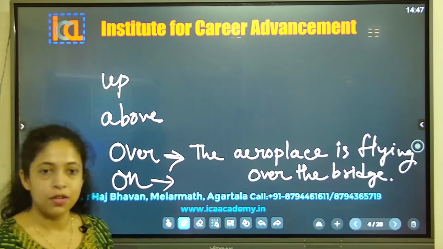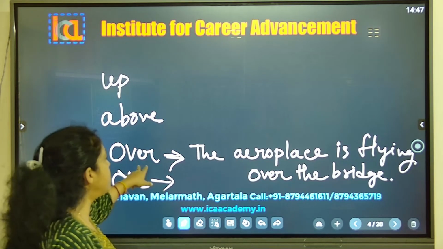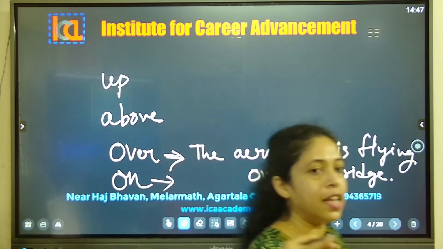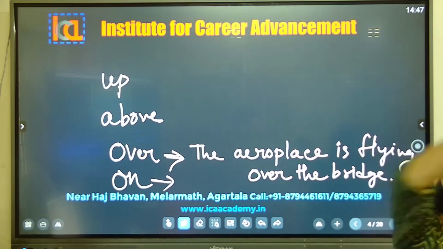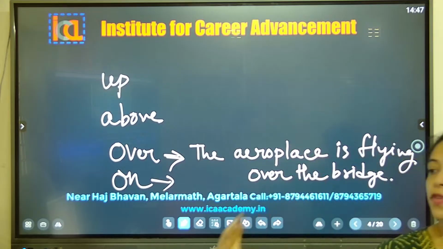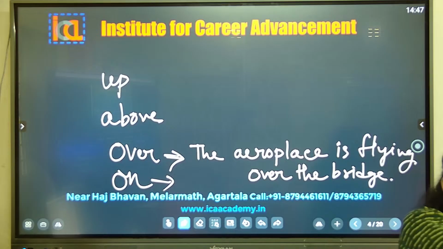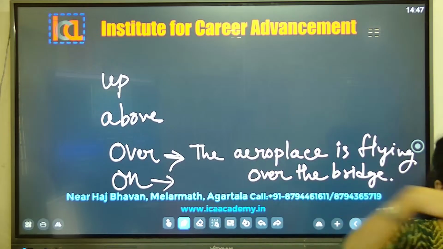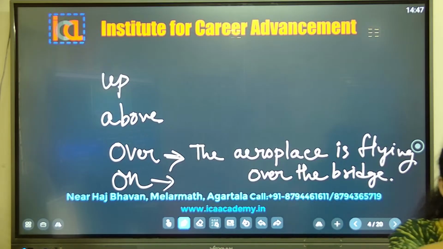So over means the aeroplane is flying over the bridge, meaning it is not static, it is moving, flying across the bridge. It is going from one side to another. So it is not static and it is just crossing over the bridge.